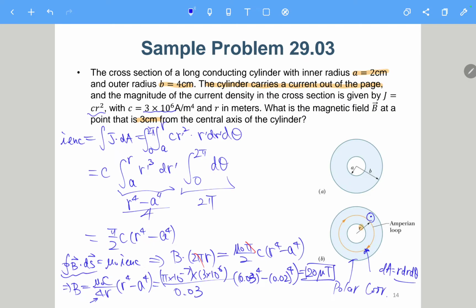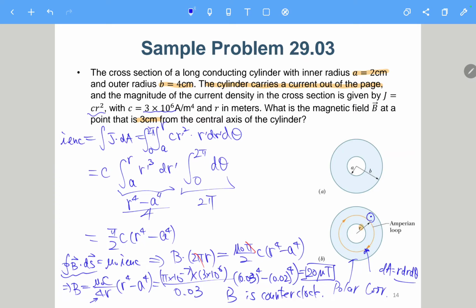And as we defined the Ampere's loop to be clockwise, and this is a negative value, it means that the B field is counterclockwise. Okay, B is counterclockwise.